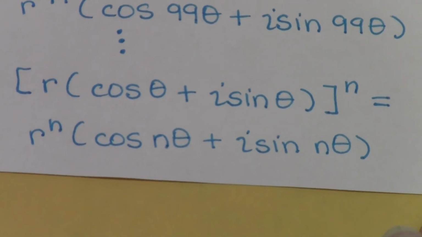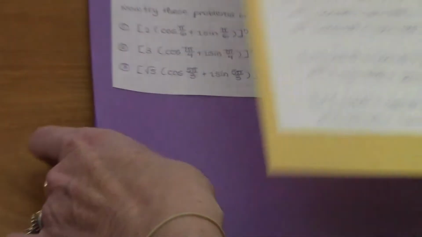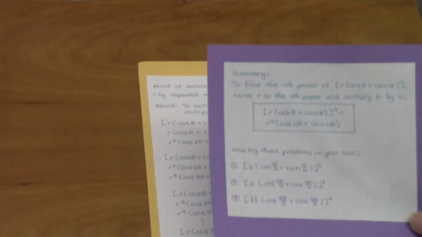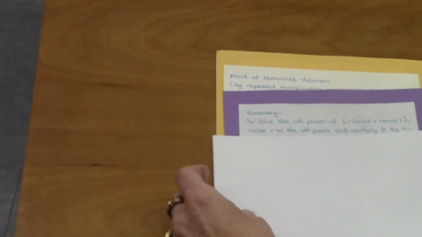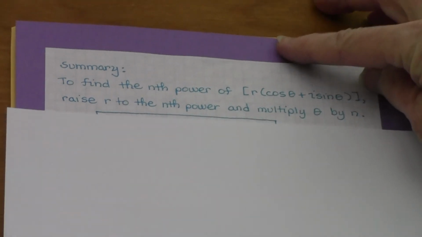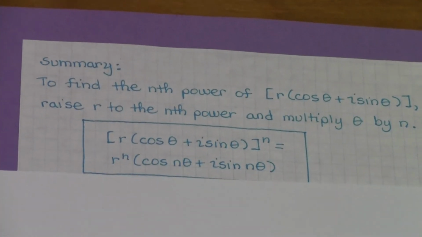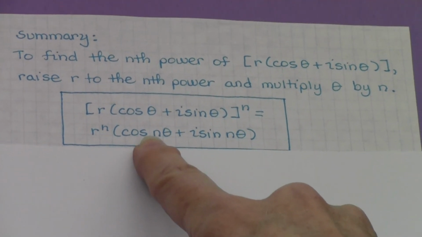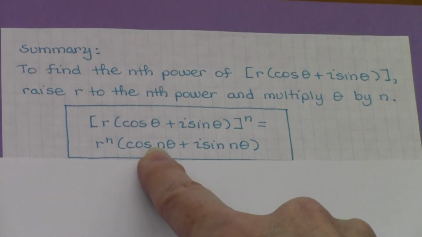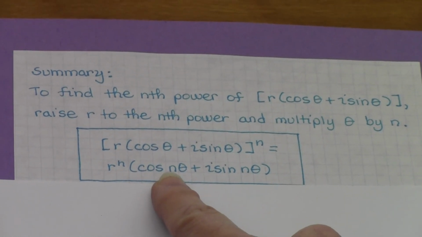And the final thing that I want to do is summarize. So let's go to the summary. All you have to do to find wicked powers of complex numbers is raise r to the nth power and multiply theta by n. So when you're done watching this video, I hope you enjoyed it.